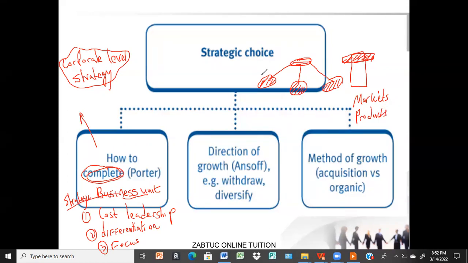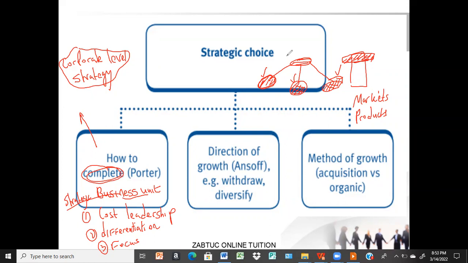What sort of businesses are you going to invest in? What business units should we have? So we want to review our investments, the type of businesses that we are in.